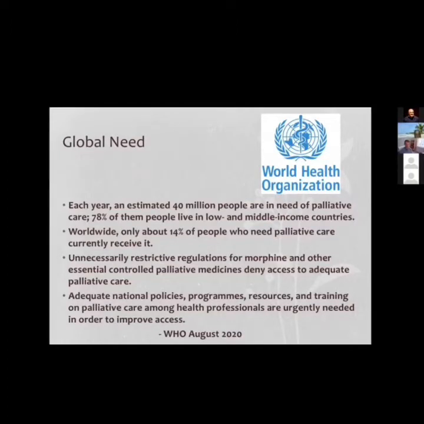And there's a lot of reasons for that. Some of it's related to difficulties accessing medications. Some of it's related to government policies and programs, and a lot of it's related, I think, to awareness as well, and growing education around how we can improve the lives of people with advanced illness.